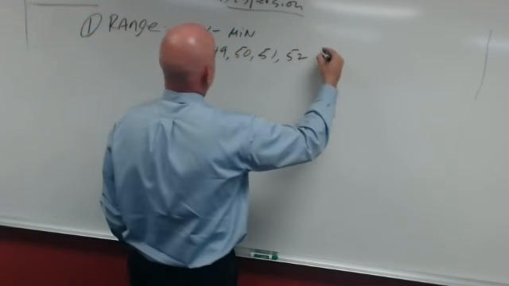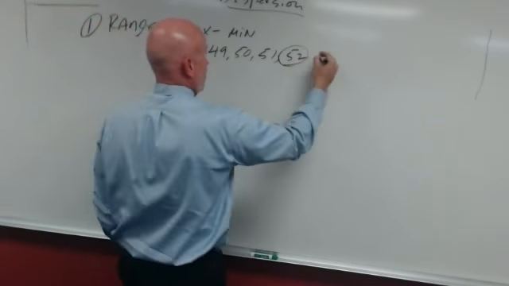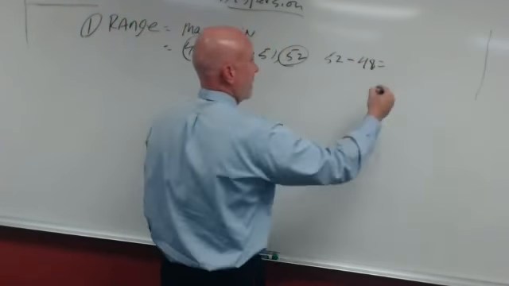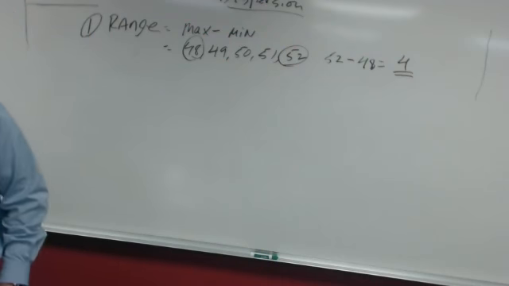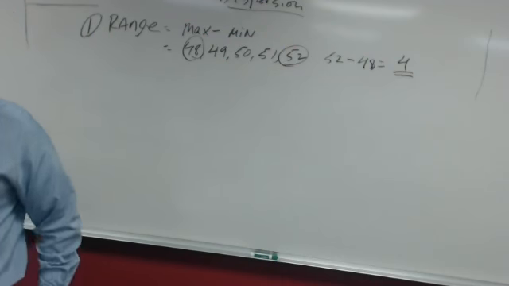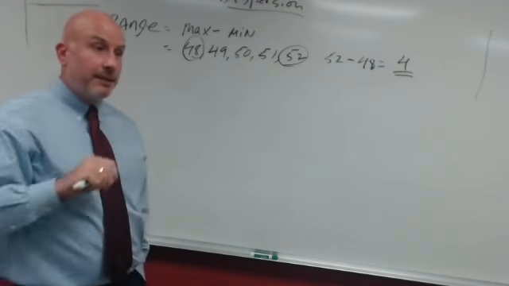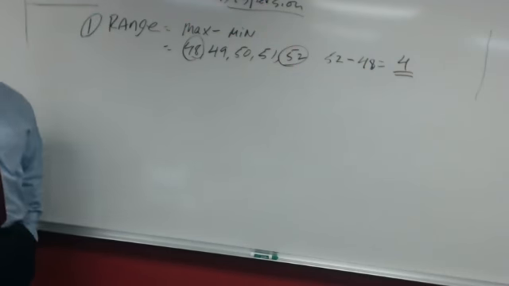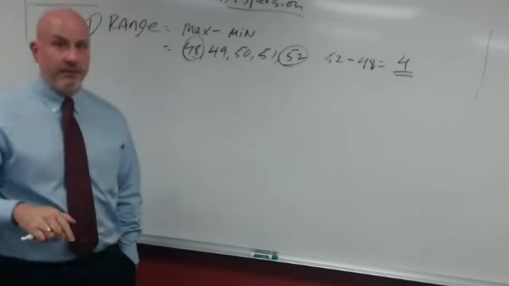So my range: the maximum value, 52, minus the minimum value, 48, and the range is 4. Simple enough. What's the weakness? You're only using 2 points of your data to determine it. It's ignoring everything else in the middle.